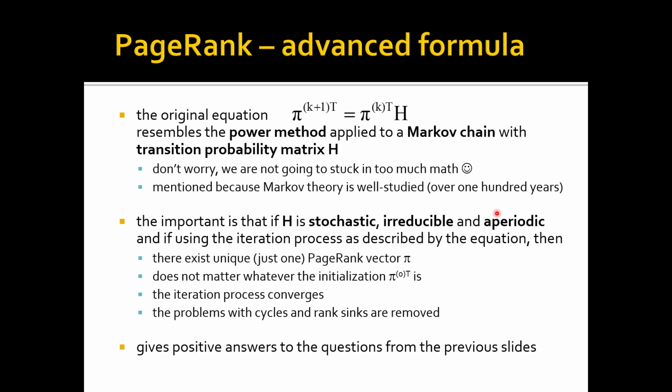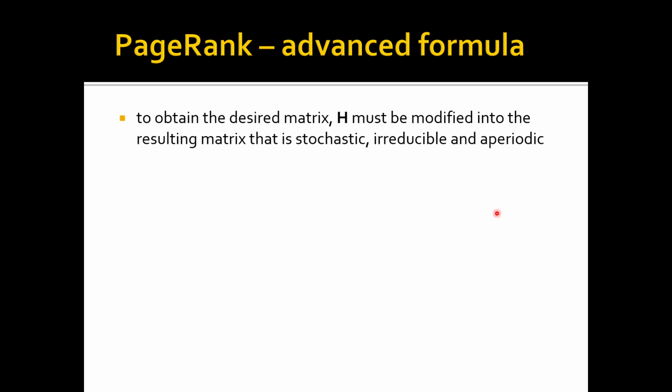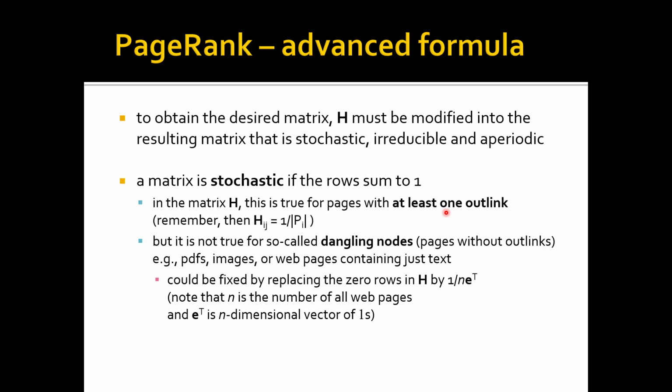Okay, so the first property is stochasticity of the matrix, and it's quite a simple property. It says that a matrix is stochastic if the rows in the matrix sum to 1.